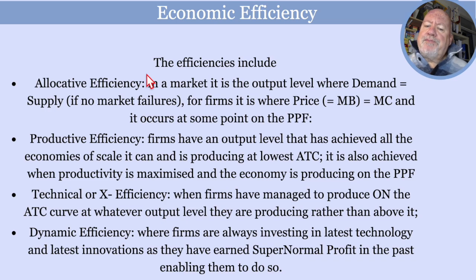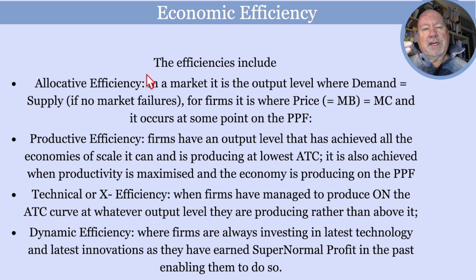Okay, productive efficiency is some output level where you've achieved all the economies of scale, you've got onto the lowest point of your ATC curve, and your productivity is therefore maximized. So remember the link that you've already discovered, hopefully, between the level of productivity, average product or marginal product, but certainly average product, and the lowest point of the ATC.